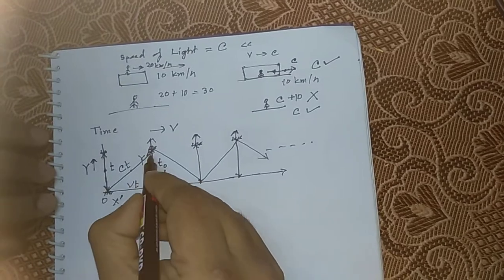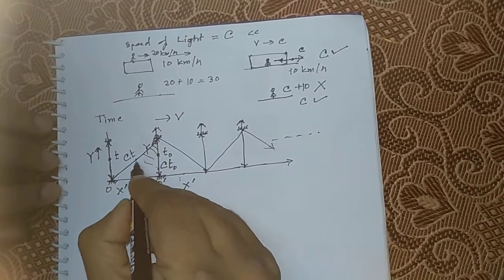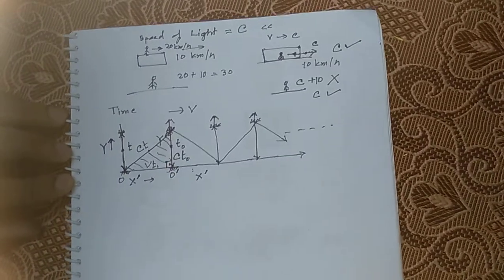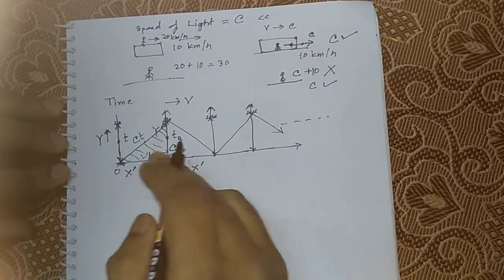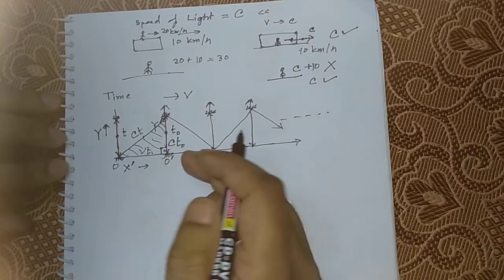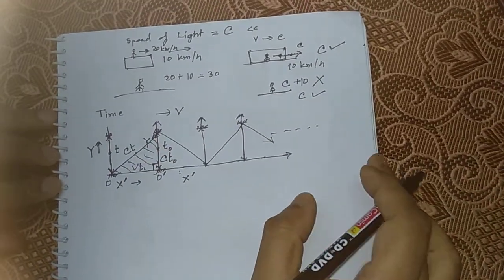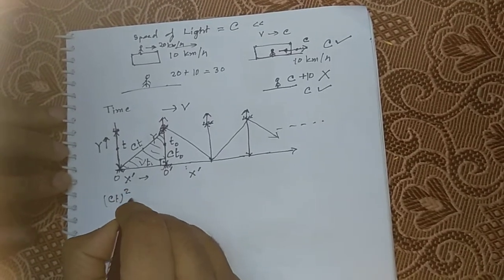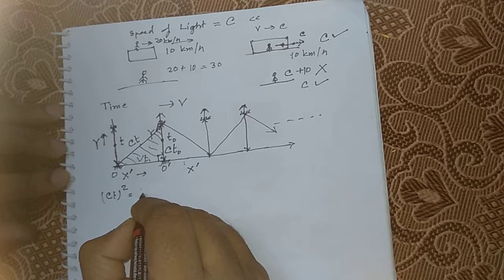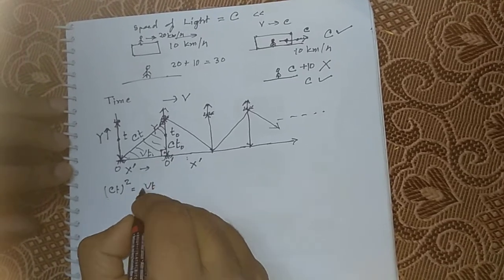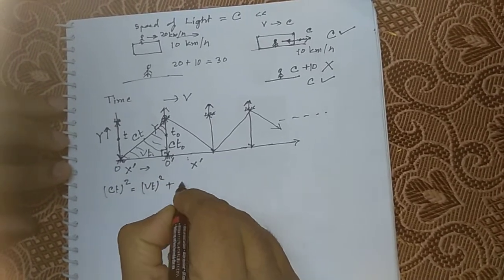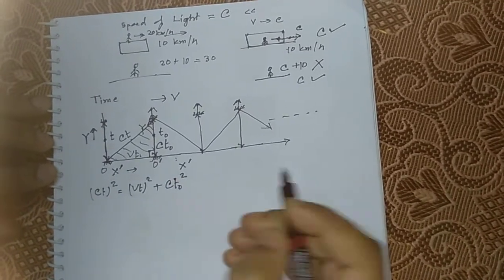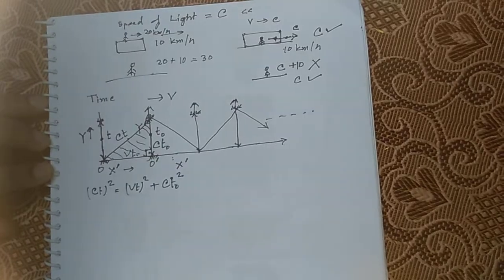This is a right-angled triangle, with a 90 degree angle. So we can apply the Pythagoras theorem: (ct) squared equals (vt) squared plus (ct0) squared.